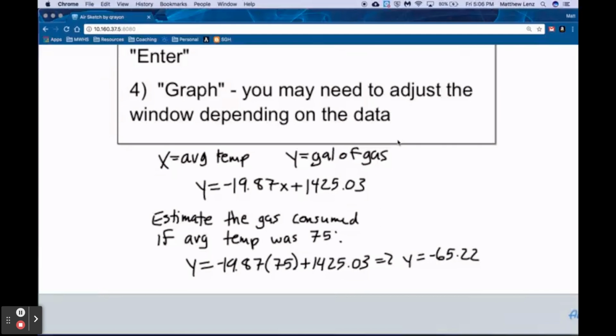Okay? Now, the point of this was to just show you how do I make a prediction based off of a model, and so you just plug in for x, in this case, and simplify. And I'm glad that we got an answer that doesn't make sense, just because it reinforces the point that your prediction models are limited often.